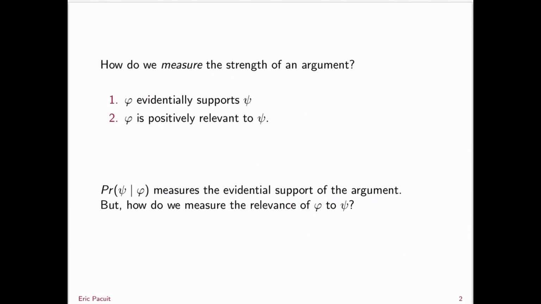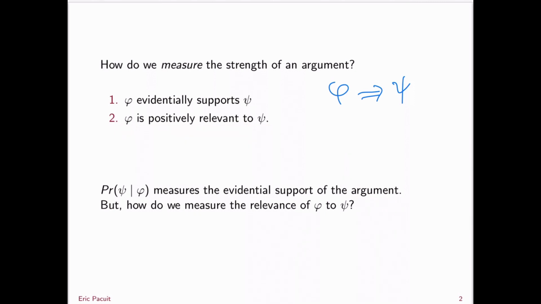Well, we already know that there are two aspects of what it means for an argument to be inductively strong. An argument with premise phi and conclusion psi is inductively strong if the premise evidentially supports the conclusion and the premise is positively relevant to the conclusion.